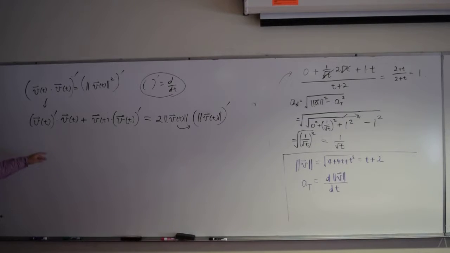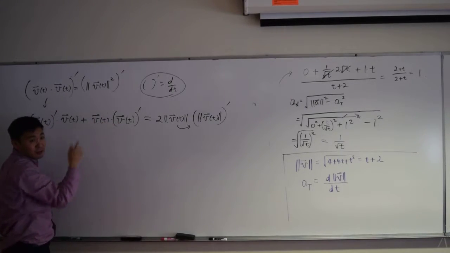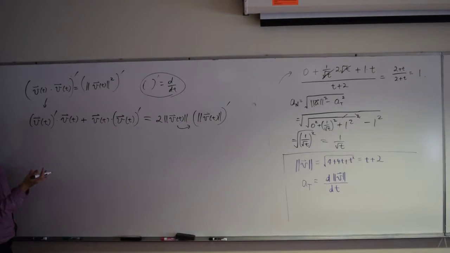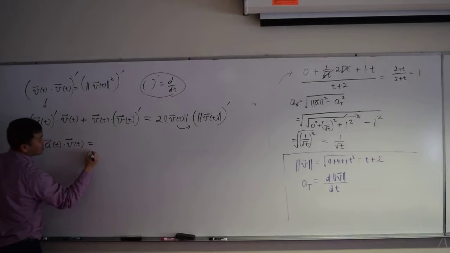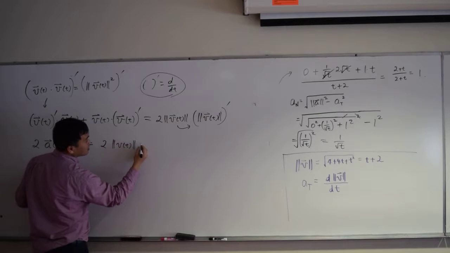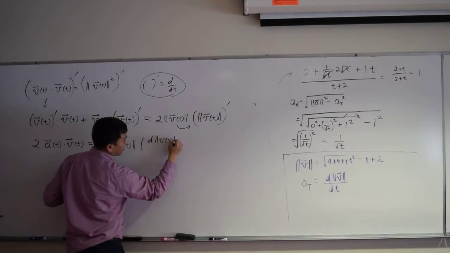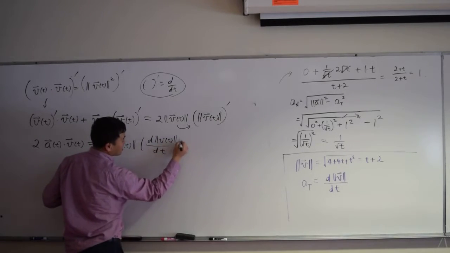All right? Okay, now let's see. What is this? If you take v and differentiate it. Acceleration, right? That's also acceleration. And dot products commute, so I can switch them around, right? And you end up having the same thing, so you double it. So you have twice of a(t) dotted with v(t) equals twice of the speed times its derivative. And let me rewrite this as d of the speed because that prime means you're differentiating by t.